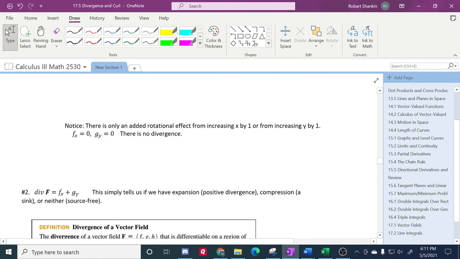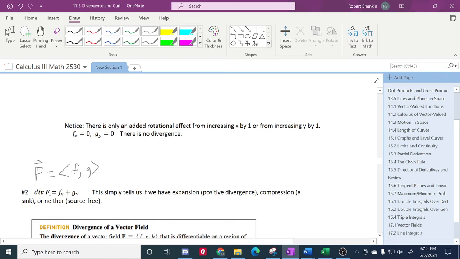The divergence of f. Now remember, f is this. And it says the divergence of f is you take the partial of the first function with respect to x and the partial of the second function with respect to y, and you add them together.